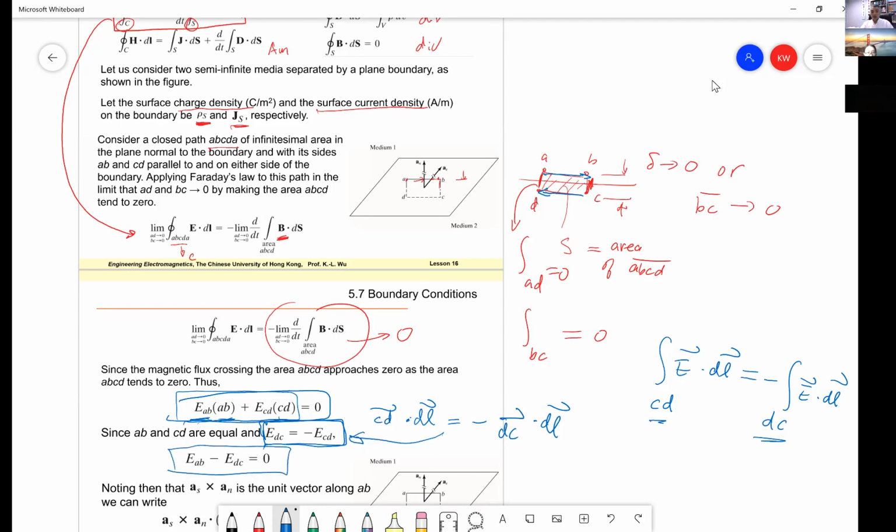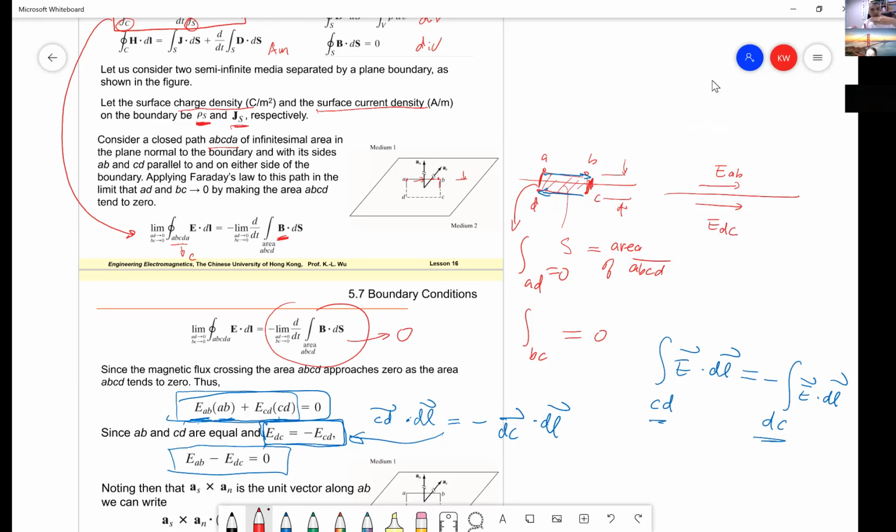We know the result is the electric field along line AB equals the electric field along DC. In other words, the electrical field along AB equals the electrical field along DC, but very, very close.